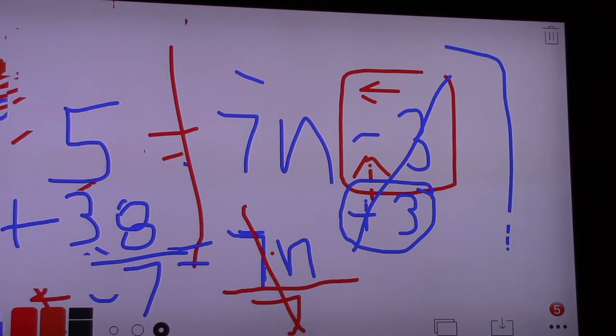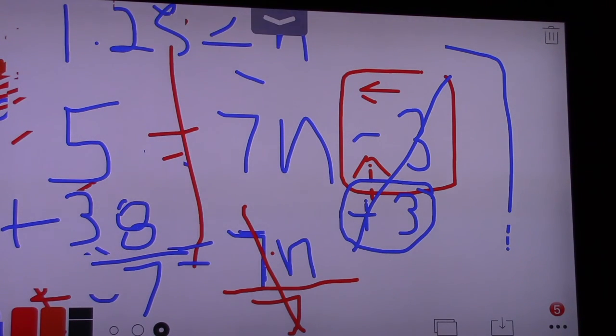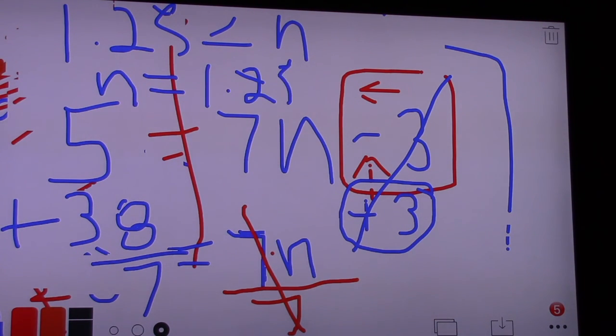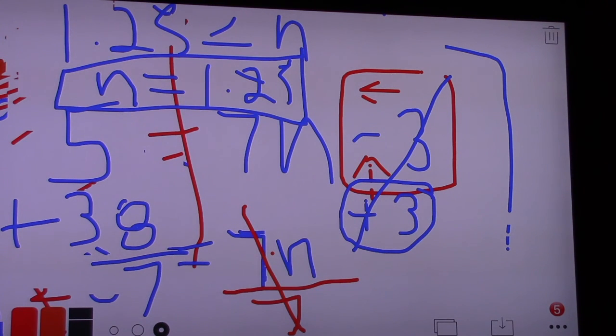So I go 1.25 equals n, and by convention, after I have 1.25 equals n, I write the variable first for the final answer, n equals 1.25, and I draw a box around my answer so the teacher can find the answer on my messy paper.